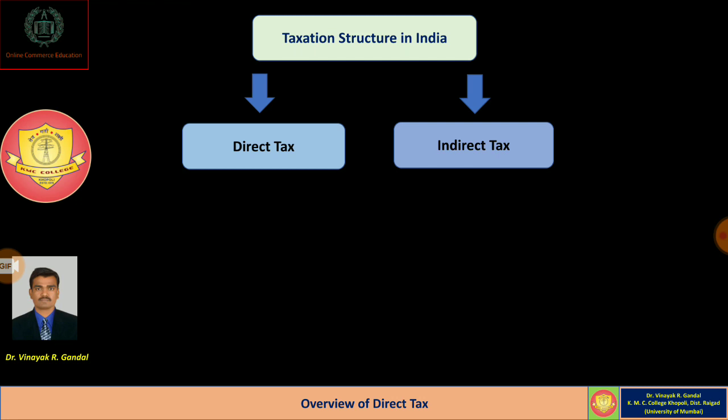Direct tax is the tax which is directly collected from the person, or it is directly paid by the person to the government. And indirect tax is the tax which is indirectly paid by the person to the government.